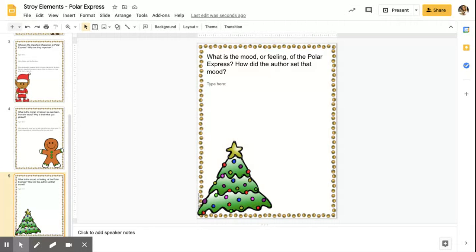She picked all of that really strong imagery, all of those words to give us that mood of like, oh my gosh, this is scary. I'm fearful. So the author likes to pick words to give us a mood or give us a feeling. And so the question you're going to answer is, what is the mood or the feeling of Polar Express? And then how did the author set that mood? I'm going to answer the question of what is the mood or the feeling of All of the Other Reindeer.